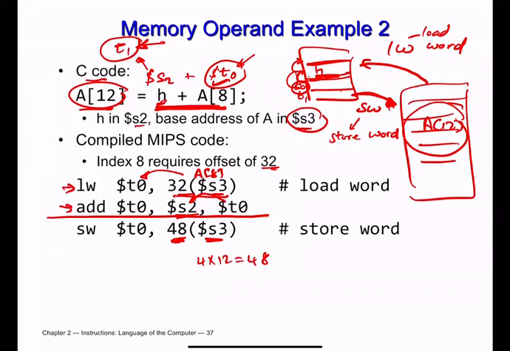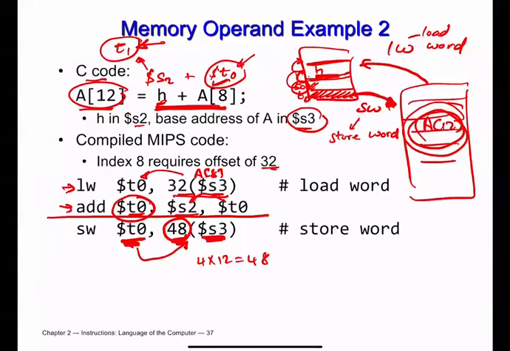What I need to do, after I have this value, is store word this in A[12]. How can I find A[12]? Store word the T0 to a house that is 48 addresses away from my base address in S3.